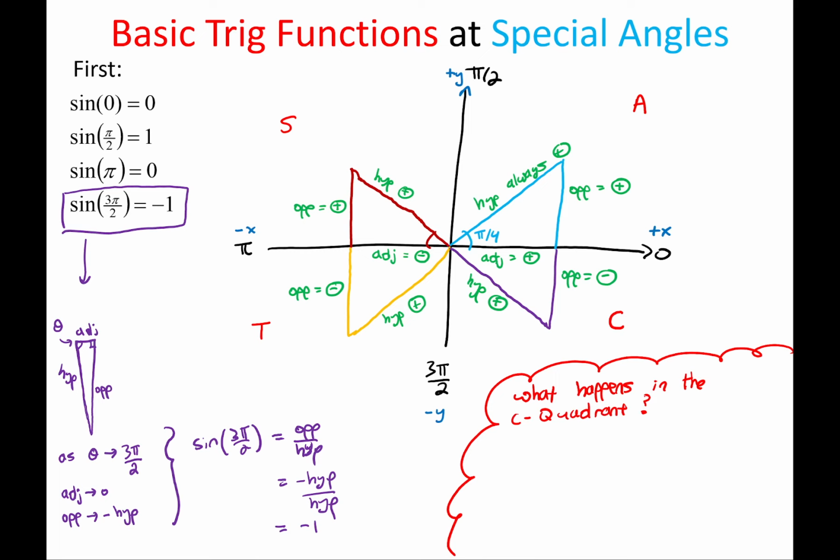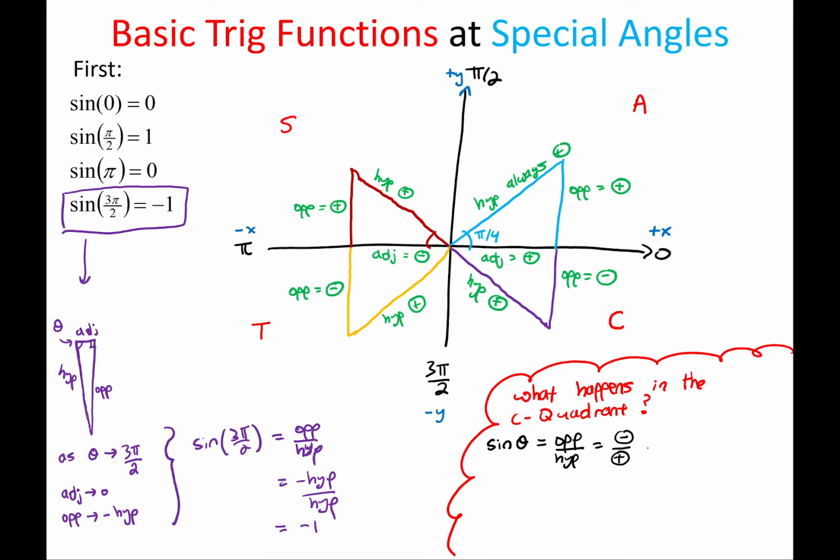It's kind of vague what happens in the C quadrant. What I mean by that is what happens to trig functions evaluated at angles that are inside that quadrant. So let's pick on sine first. Sine of theta is going to be opposite over hypotenuse, where the opposite inside the C quadrant is negative.